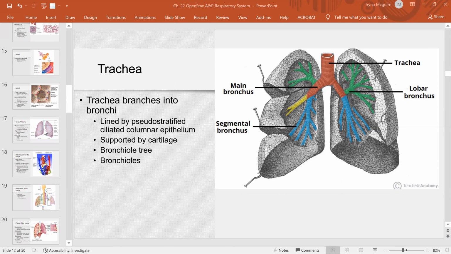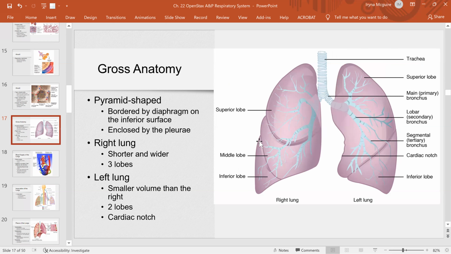Your textbook definitely has the picture. But yeah, the hilum is just the part of the lung where we have blood vessels and bronchi entering and exiting, blood vessels not only entering, but also exiting your lungs.